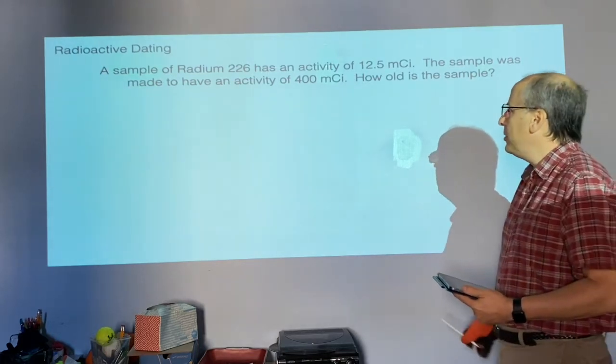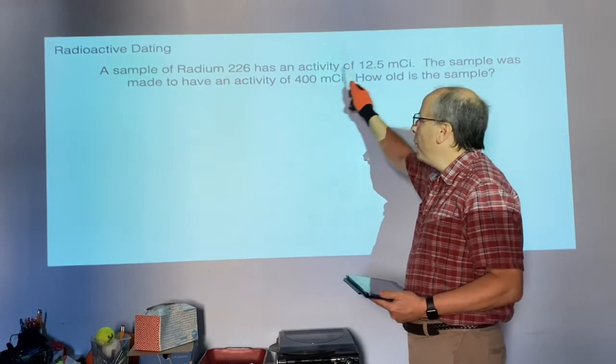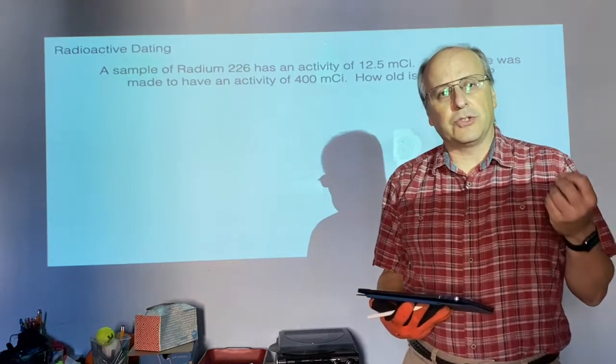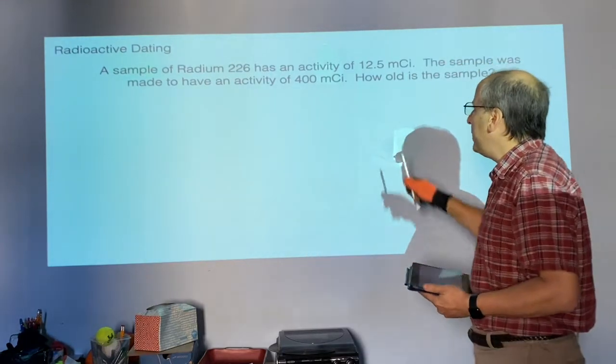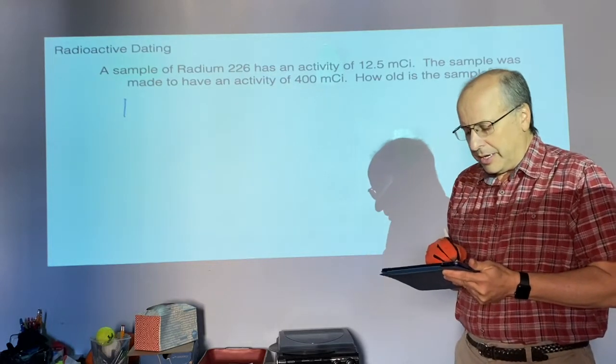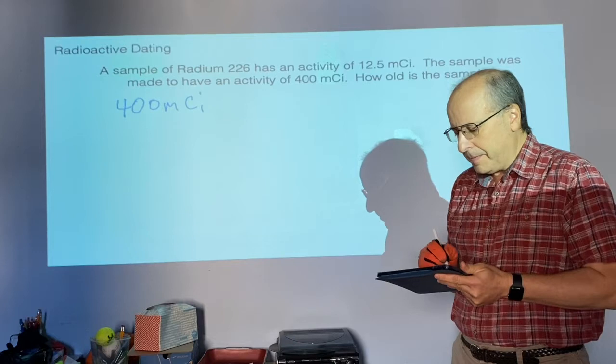So what we need to do is measure the activity now. We figure out what the activity should have been when that substance was created. And we see how many half-lives have passed. So we started out with 400 millicurie.